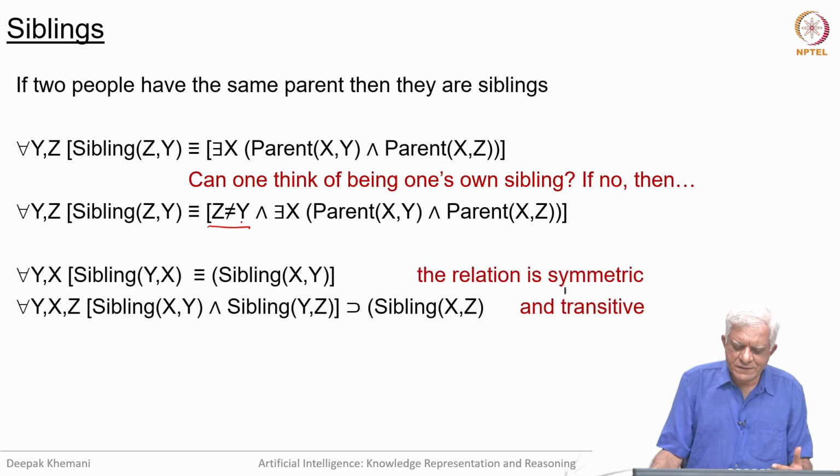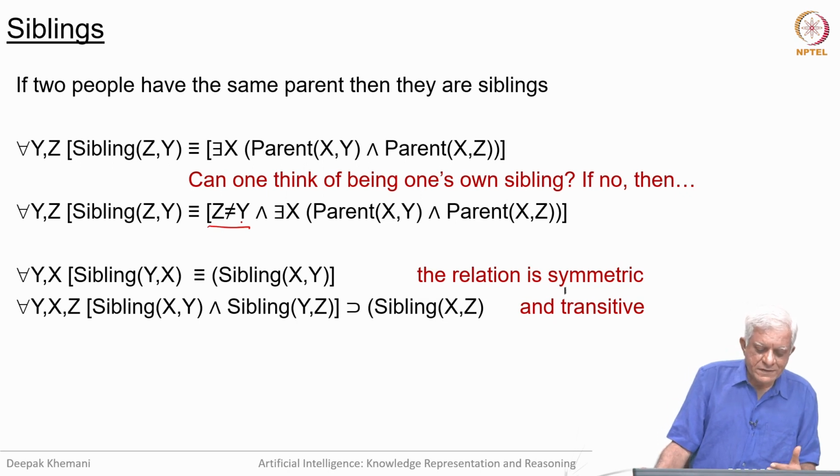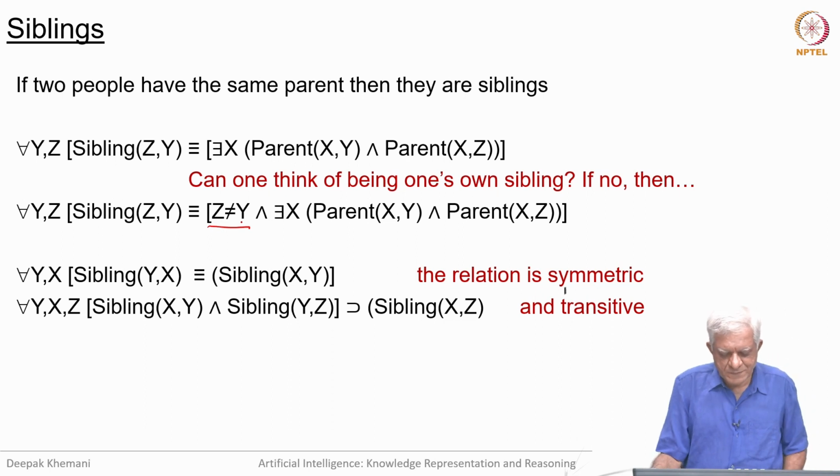Now, the sibling relation should be symmetric. So, you should add these facts to your knowledge base, and it is transitive. So, that should also be added, so that if x is a sibling of y and y is a sibling of z, then x is a sibling of z as well.